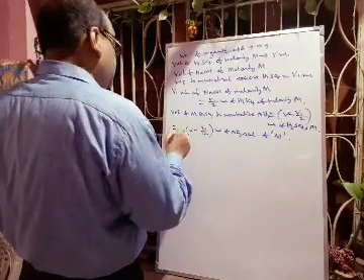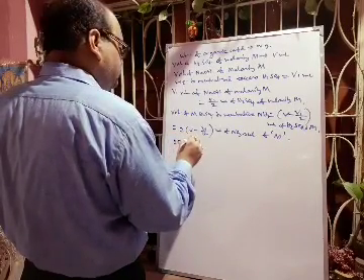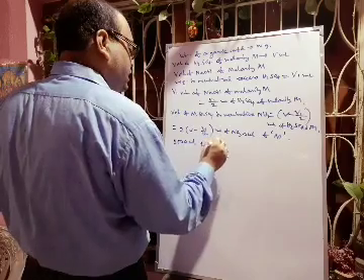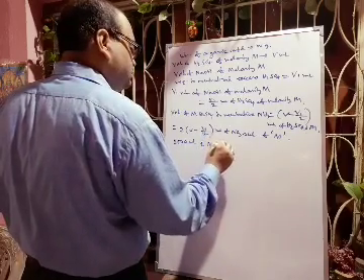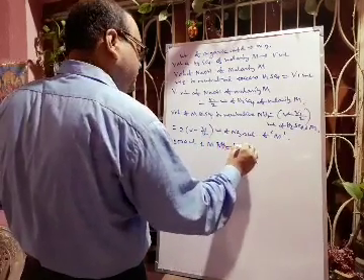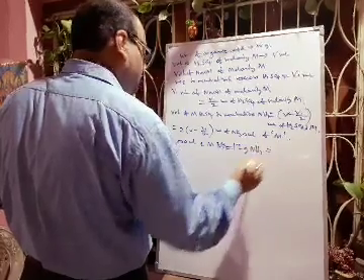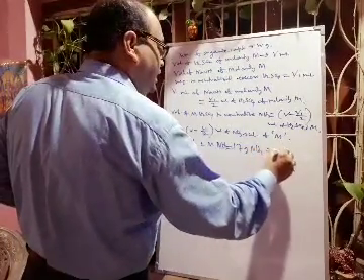Now we know that 1000 mL of 1 molar ammonia is equal to 17 gram ammonia or 14 gram nitrogen.